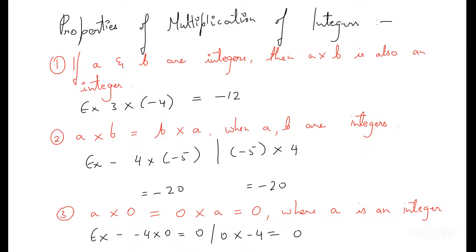So when we multiply any positive or negative integer with 0, what will we get? 0 itself. Why? Because 0 is neutral, so no plus or minus signs with 0. We don't say minus 0, we don't say positive 0, because 0 is neutral. It's neither negative nor positive. Understood? Any doubt in these three properties?